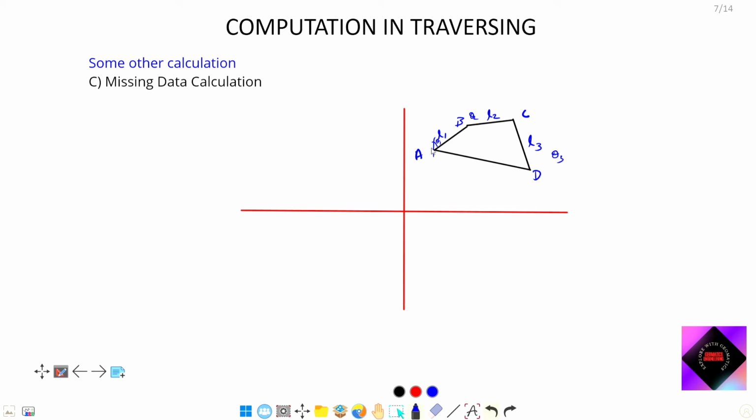So what we will do is calculate the latitude values and departure values for all lines. For example, for line AB, the latitude value will be L1 cos theta 1, departure L1 sin theta 1.